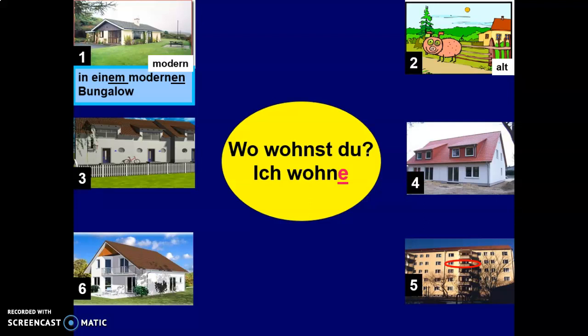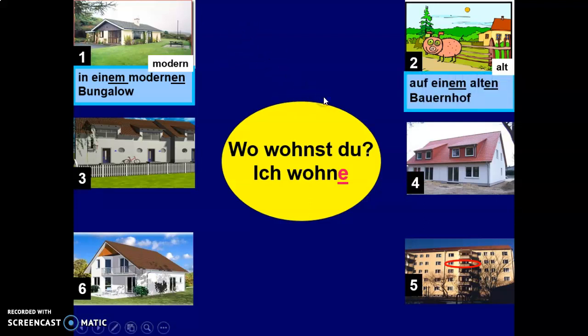The question is, where do you live? Ich wohne, I live, in a modern bungalow. In einem modernen Bungalow. Auf einem alten Bauernhof. On an old farm.